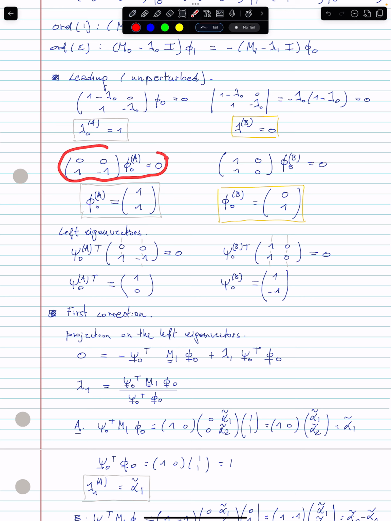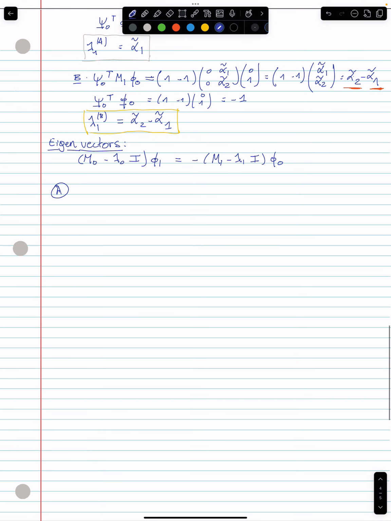This is how we wrote it earlier. I'm just going to use this arrow to remember we start from there, or from there when we'll be considering B later. So we have 0, 0, 1, minus 1 times phi 1.